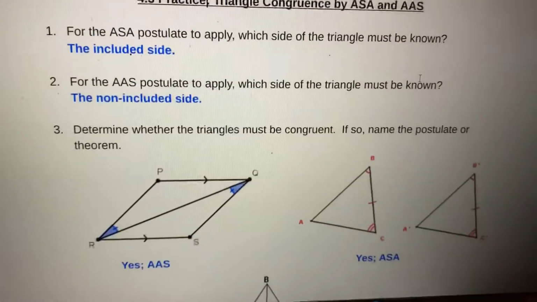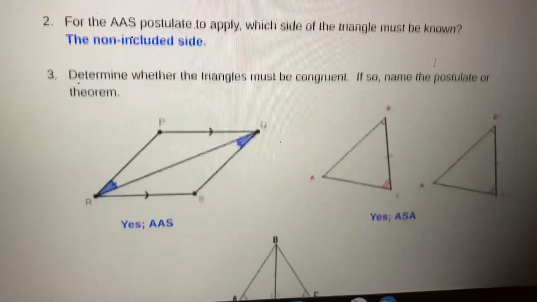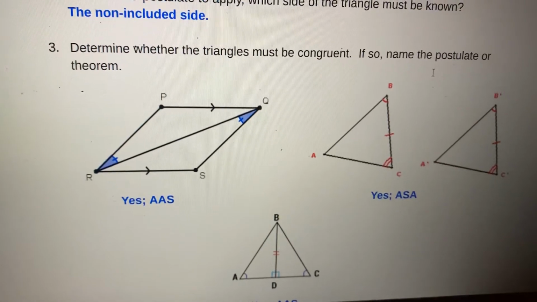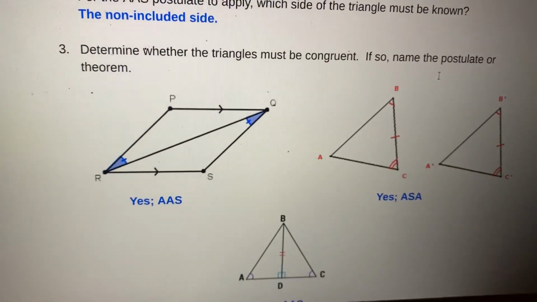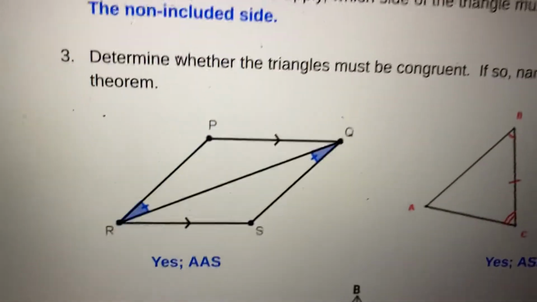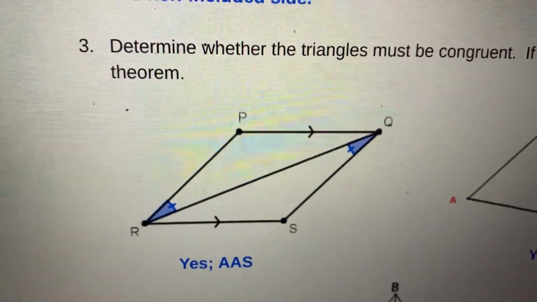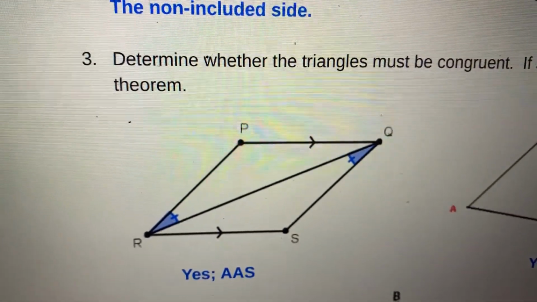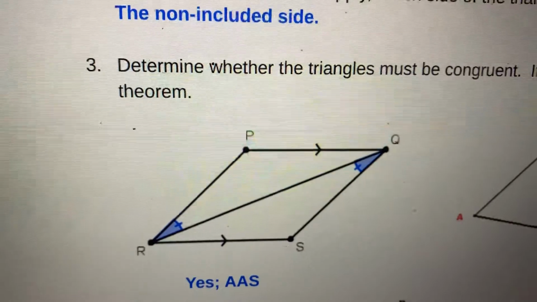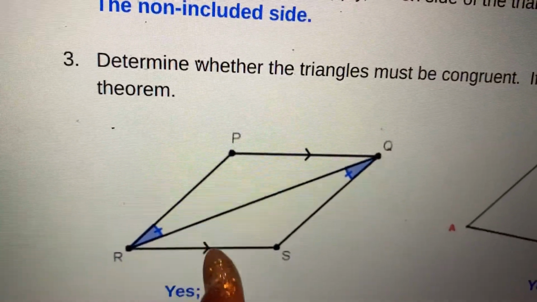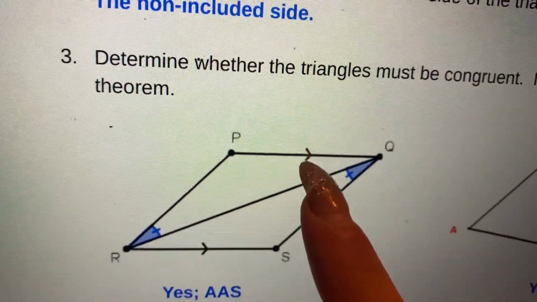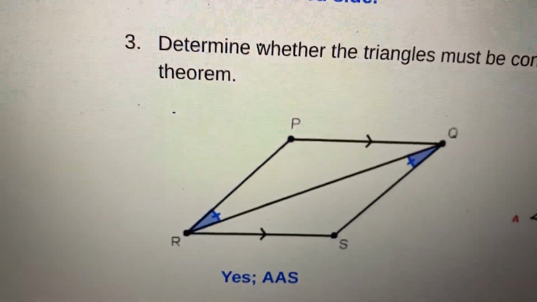Then there's a couple questions that are just like the ones we had on the notes where you determine if they're congruent. If so, which postulate do we use? So one thing that I wanted to show you here, and I think she touches on this in the video, is this little symbol right here with the little arrow. That is actually talking about angles.